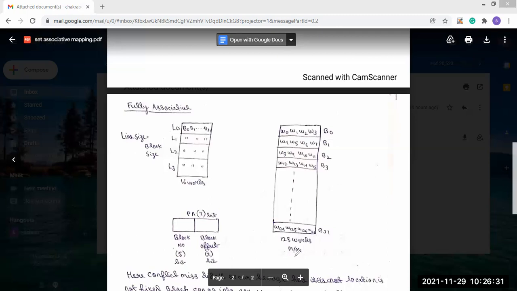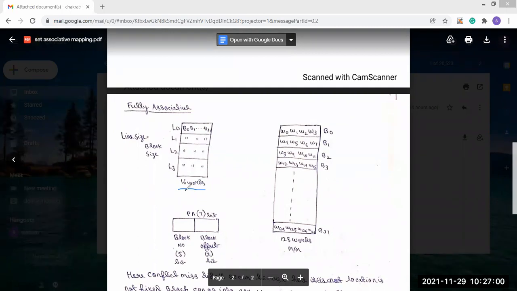The same example is taken here. The cache is capable of storing 16 words, and each line will store a particular block, so the line size and the block size are equal.